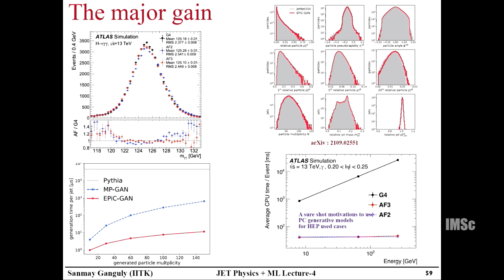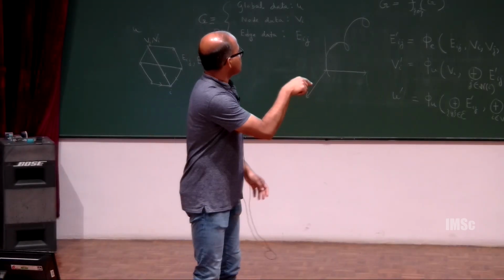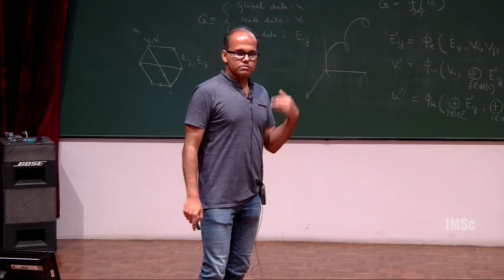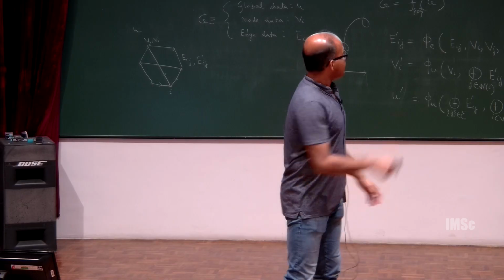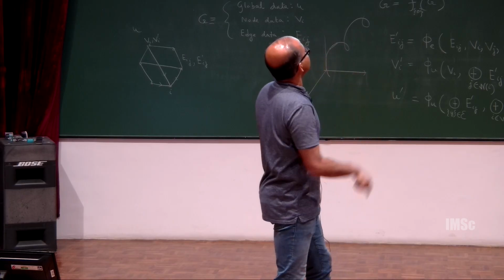It's a log-log plot. The average CPU time goes exponentially with increasing particle energy in a Geant4 simulation. But when we do it through a neural network based generative model, this sort of flattens out. So in terms of CPU computation time, this is a huge gain, without actually missing out any physics.